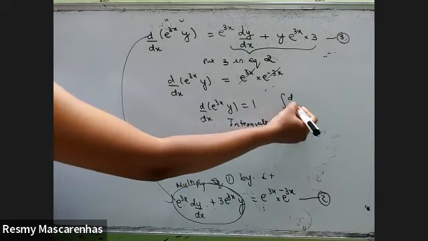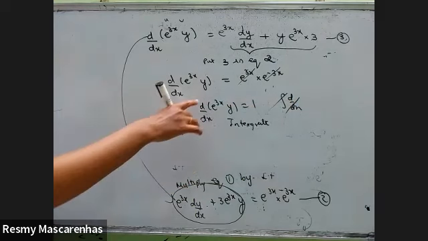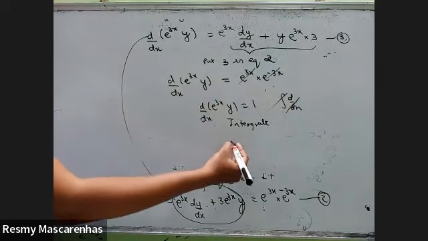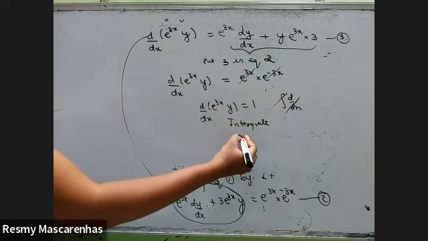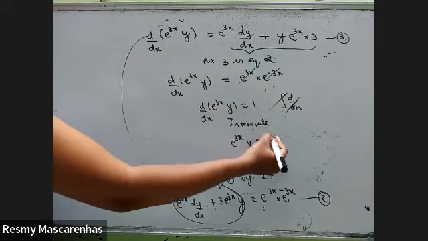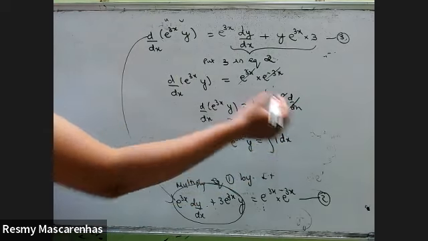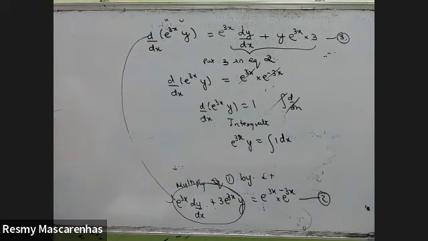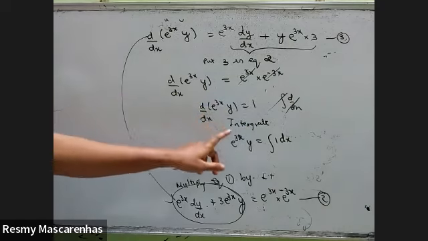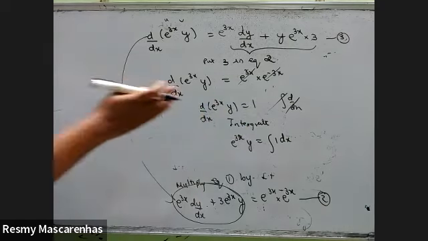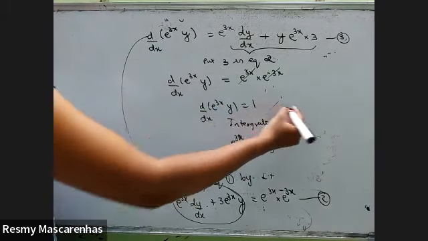The integral of a derivative always cancels out. So if you take the integral, it will cancel out. So what remains is only this part, e raised to 3x into y, and here there will be an integral. This dx will go up. It will look like this.